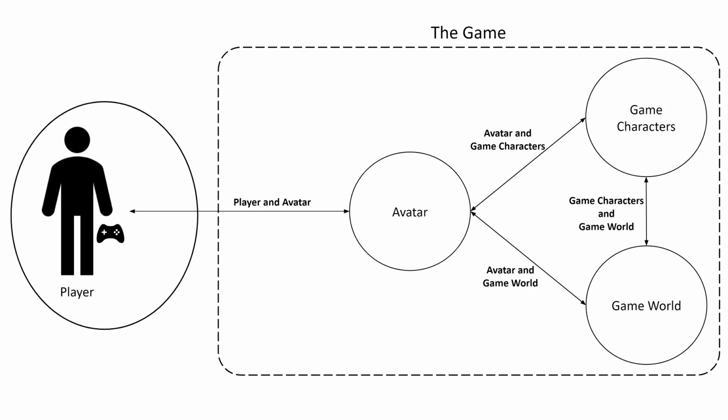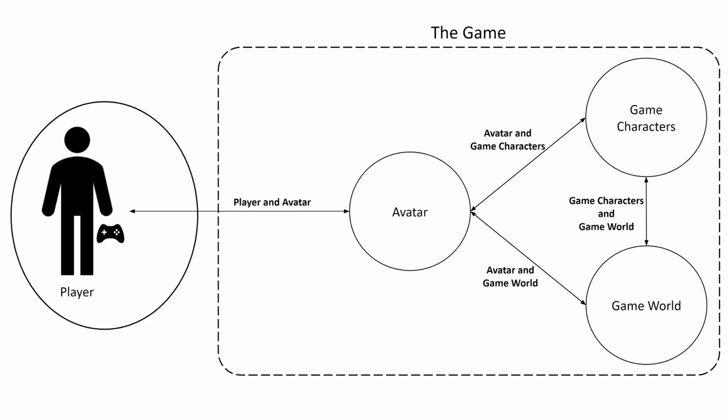We also need to consider, very importantly, the relationships between all the actors. So we have the relationship between the player and the avatar. And in fact, in 3D, first person and third person games, the avatar moderates the interaction, or all the interactions from the player happen through the avatar.